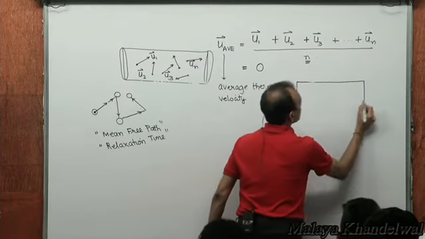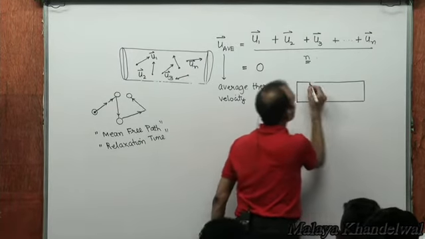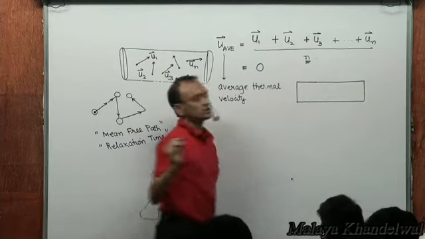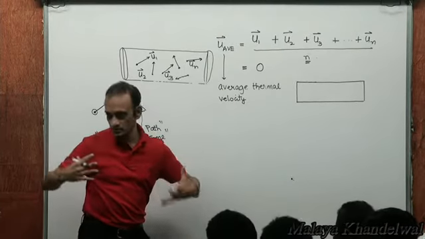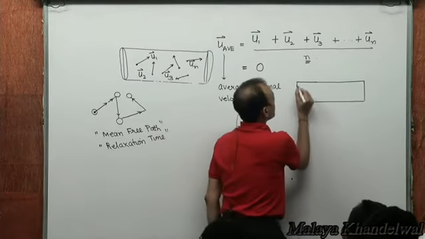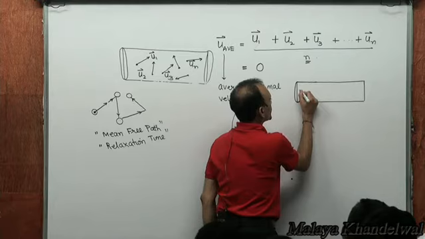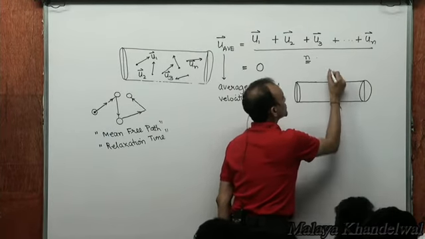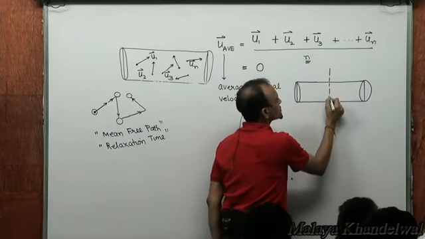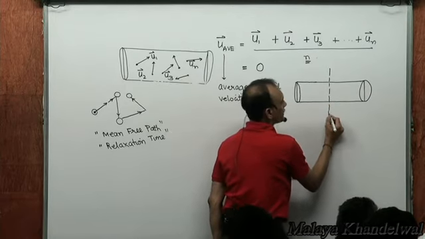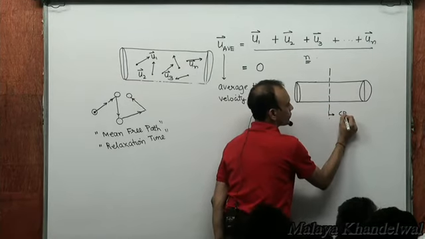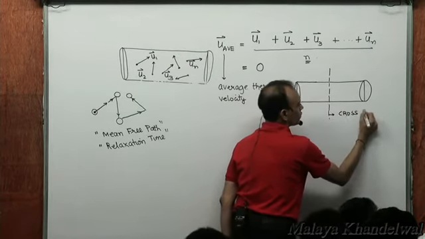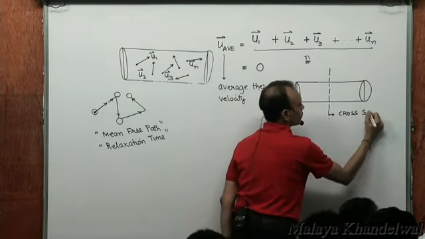And say if this was a piece of conducting material, and I looked at a certain cross-sectional area, this was a certain cross section that I looked at.